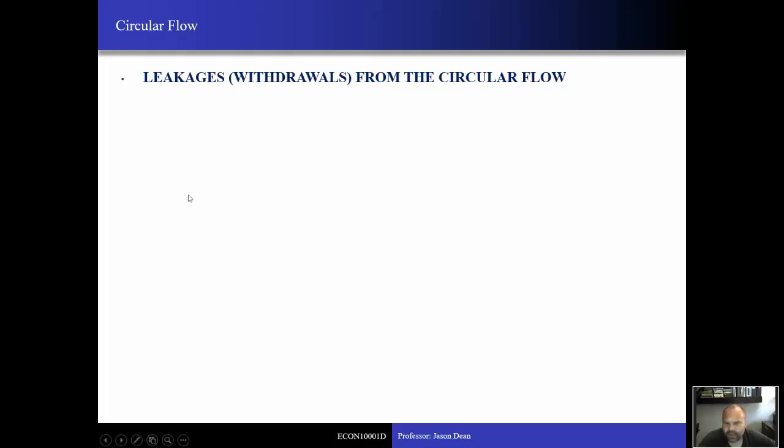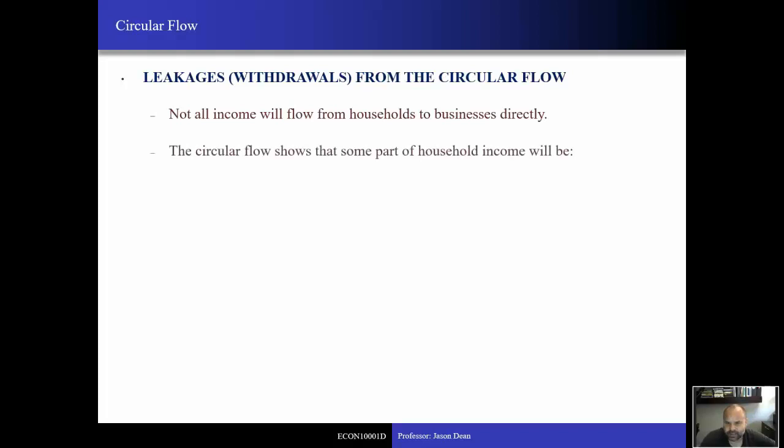We're going to add leakages or withdrawals from the circular flow. You can think of the water pressure as being reduced because there's some kind of leakage in that circular flow. So not all of the income that the households get will flow directly to businesses.